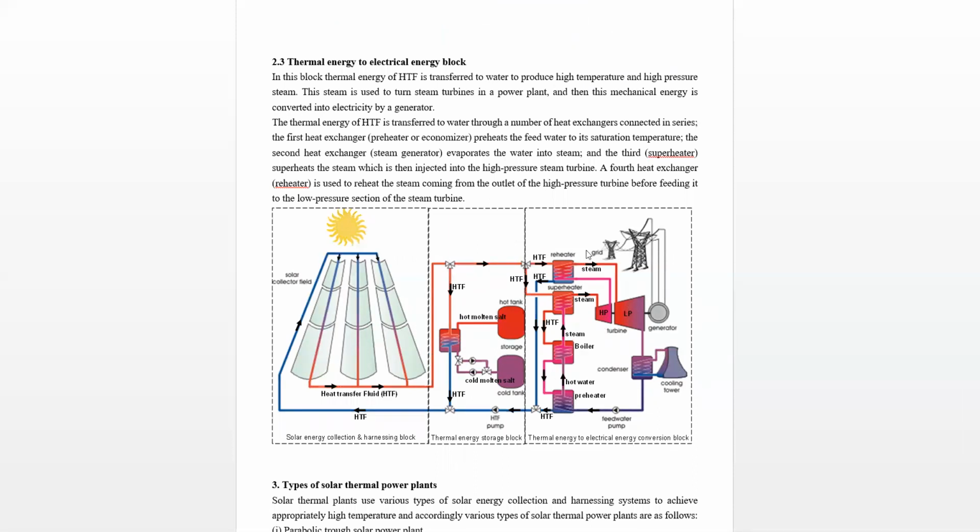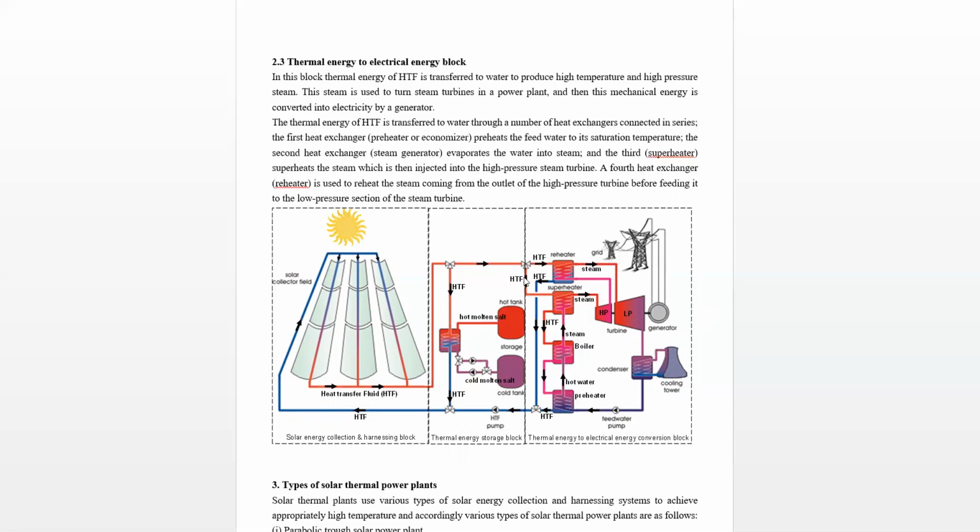Now let me explain the working of the various components in this block. Here you can see that this is again a three-way valve. In this three-way valve, the heat transfer fluid is being divided into two streams. One goes to the reheater and another goes to the superheater.